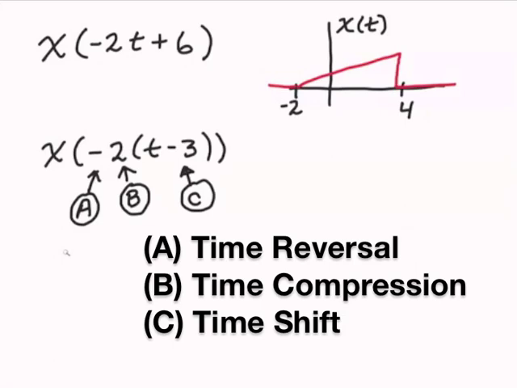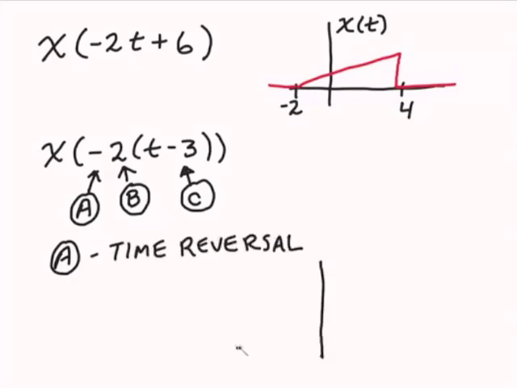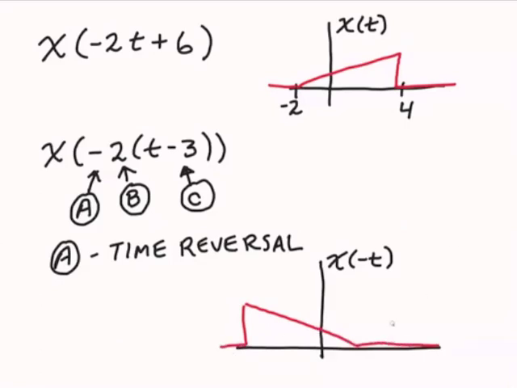We'll do the time reversal, operation A, first. When we time reverse the sawtooth at the top of the page, x of t, we'll get a sawtooth, but this time pointing the other way, and it will extend between -4 and 2 seconds.